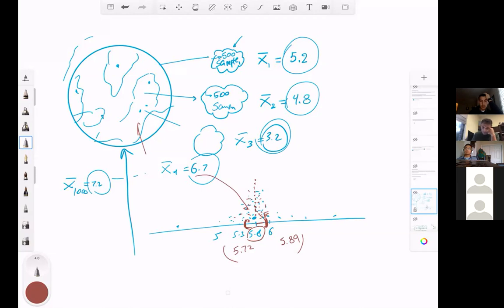This sample distribution has a mean, and also has a standard deviation. The standard deviation here is the same as the standard error for the population.